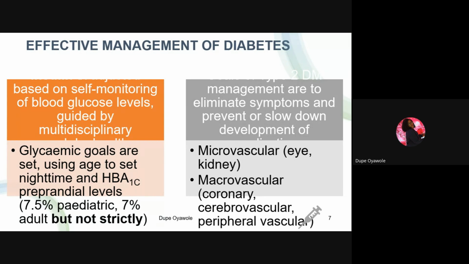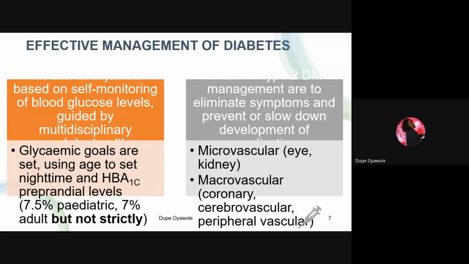Because in the past they felt that it's only when they come to the hospital that they really need to check, and some of them will tell you, I don't have money to buy a glucometer. But when you tell them that if you put all these bits of money together, it is very important, they're going to do it. So they need to be guided. They need to know that this is part of management.